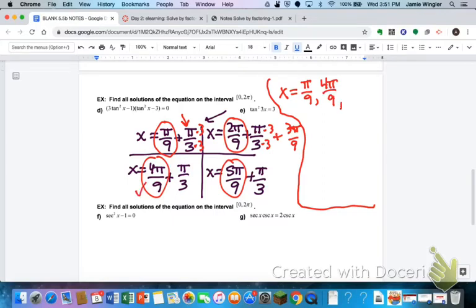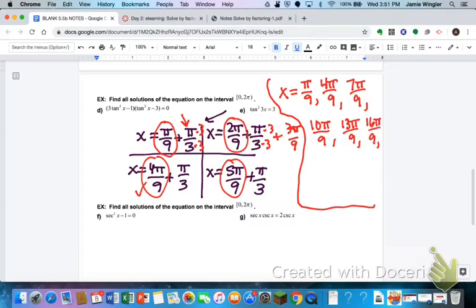If I add 4/9 pi and 3/9 pi, that gives me 7/9 pi. 7/9 pi plus 3/9 pi is 10/9 pi. 10 pi over 9 plus 3 pi over 9 is 13 pi over 9. 13 pi over 9 plus 3 pi over 9 is 16 pi over 9.